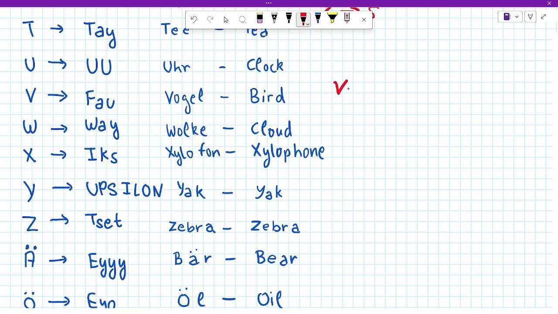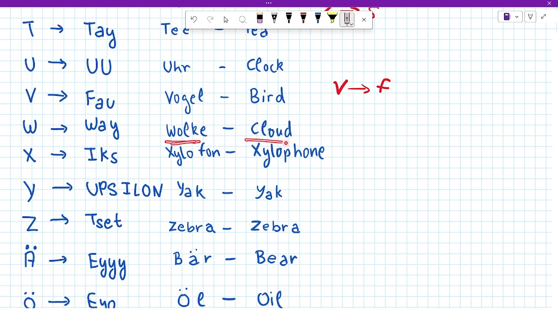So V has the sound of F, so we will call it Vogel, which stands for bird. And then we have Wolke, which stands for cloud. By the way, there's the car brand Volkswagen. Many people pronounce it with a V sound, but it's actually pronounced with an F sound because it's a German brand.